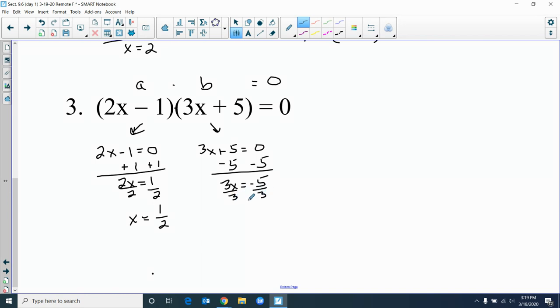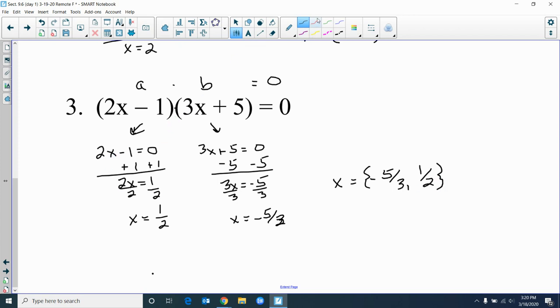Divide by 3. Since it doesn't divide evenly, just keep it as a fraction. So when I go to write my answers, you'll get negative 5/3 and 1/2.